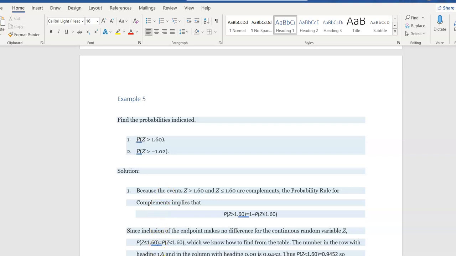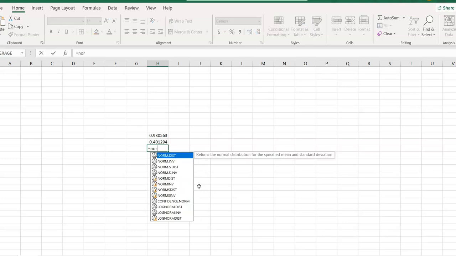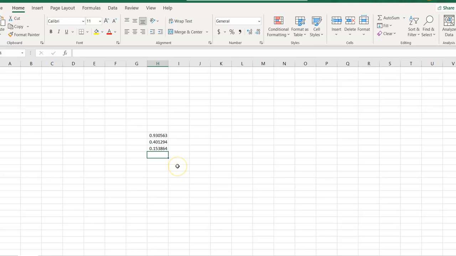So let's recall from last time, if we wanted to use Excel, we're going to put equal norm.s.dist, and it was negative 1.02 and the word true. And we get 0.153864.